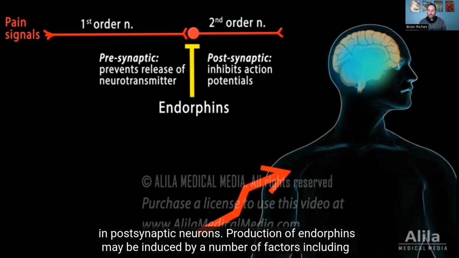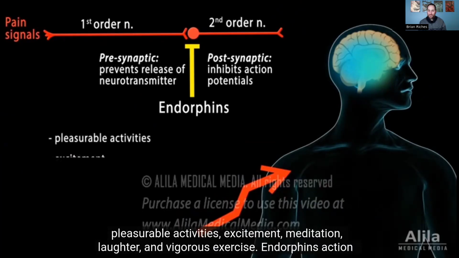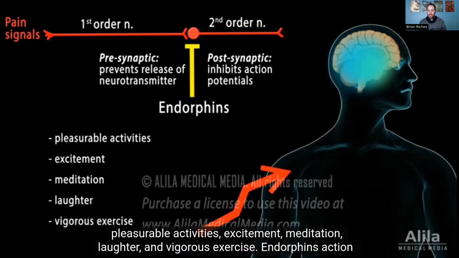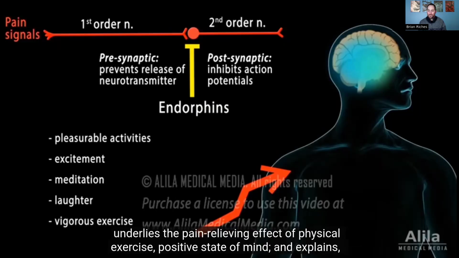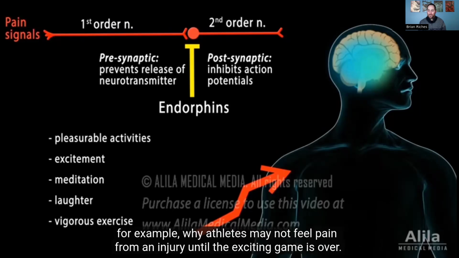Production of endorphins may be induced by a number of factors, including pleasurable activities, excitement, meditation, laughter, and vigorous exercise. Endorphins' action underlies the pain-relieving effect of physical exercise, positive state of mind, and explains, for example, why athletes may not feel pain from an injury until the exciting game is over.